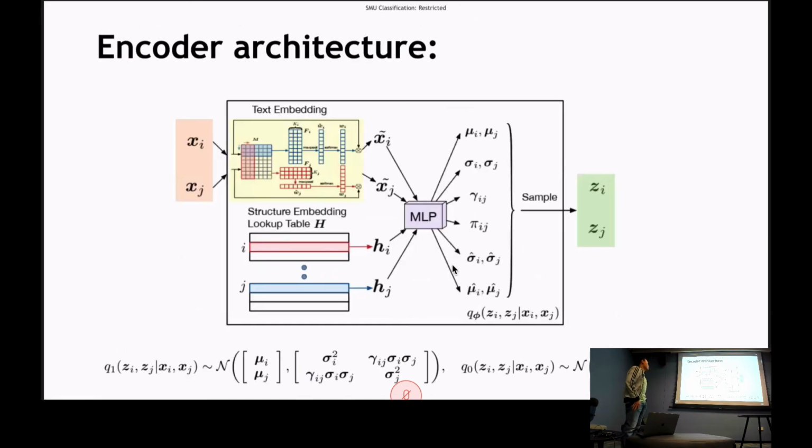So let's go through the overall architecture of the encoder. In the previous step, we have already gotten these two, right? And they also use lookup table H. As far as I'm concerned from this paper, it's probably a lookup table whose parameters are trainable.